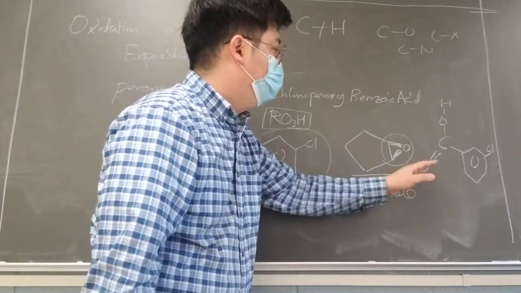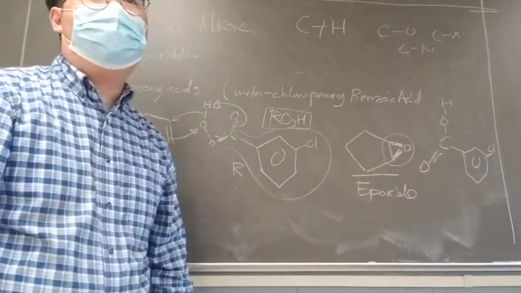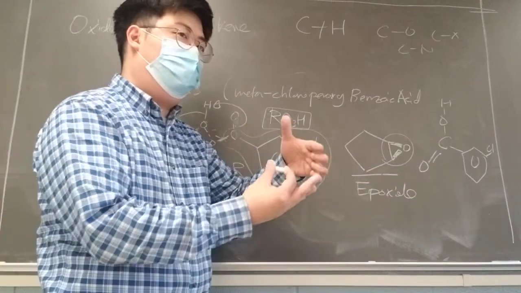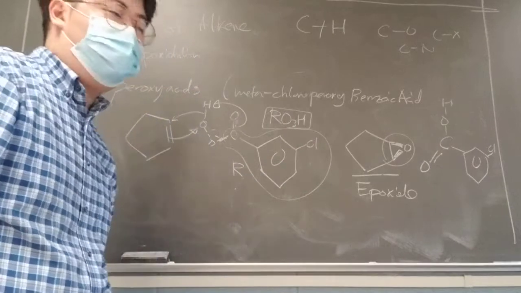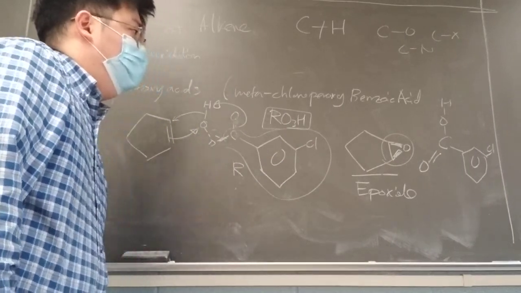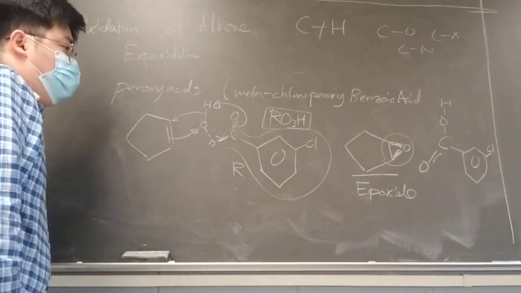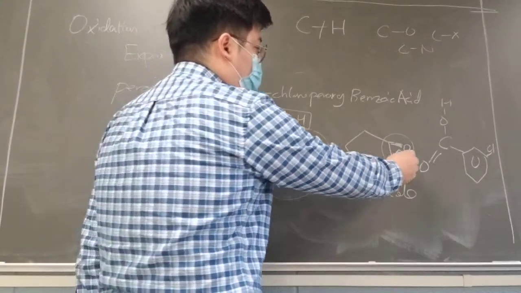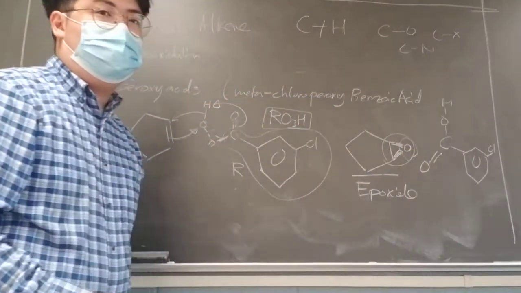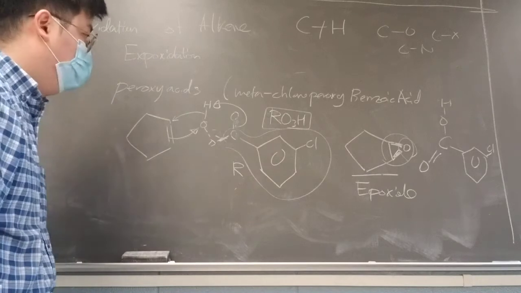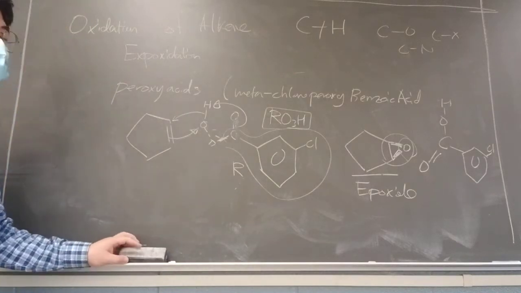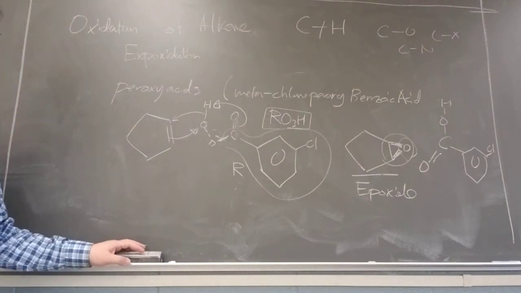They have these 2 products. One of them will be the epoxide, the oxygen captured in more of a ring structure. So you actually see there's the bond to the oxygen, which is highly electronegative. So it is also a good example of oxidation.